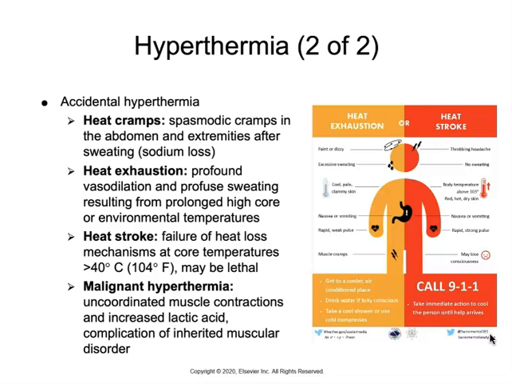Next, we have heat stroke, and this is a potentially lethal result of a breakdown in an overstressed thermoregulatory center. Our brain can't tolerate temperatures higher than either 40 degrees Celsius or 104.9 degrees Fahrenheit.